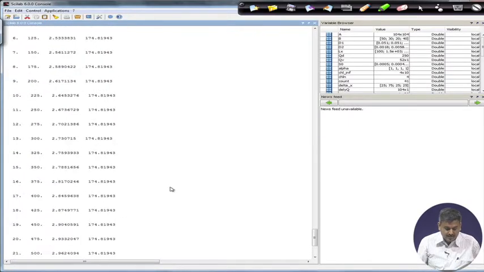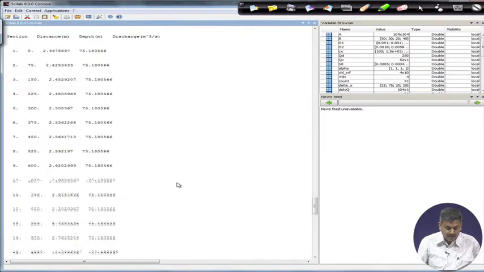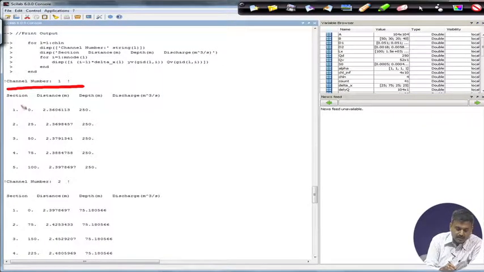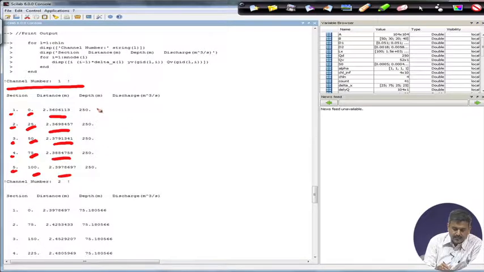now after iteration what I am getting. This is for channel number 1, this is section 1, 2, 3, 4, 5. This is distance 0, 25, 50, 75, 100. These are depth values, and this is discharge.